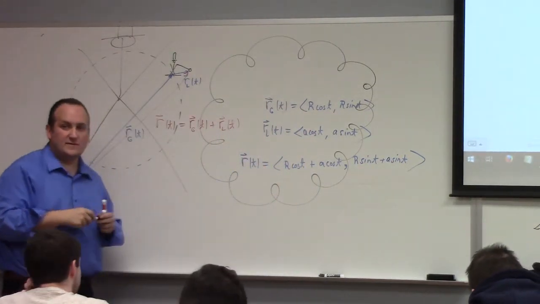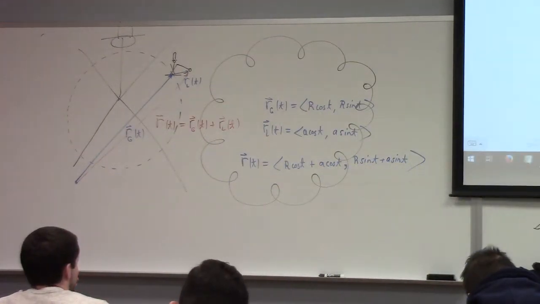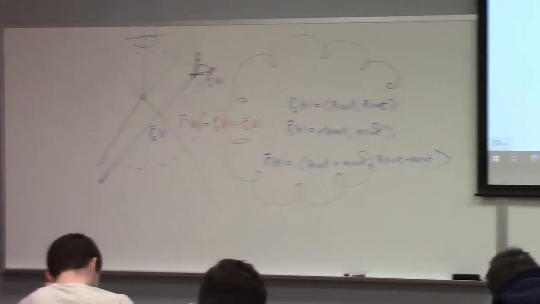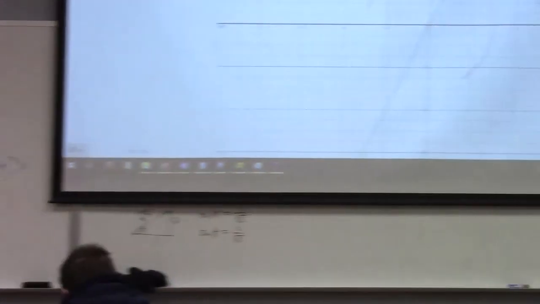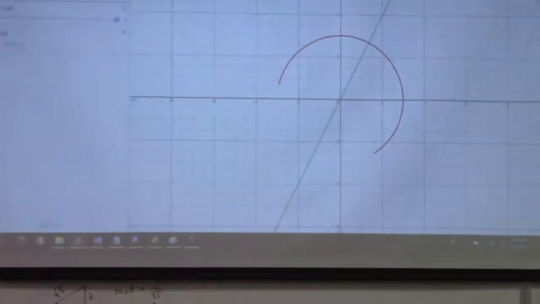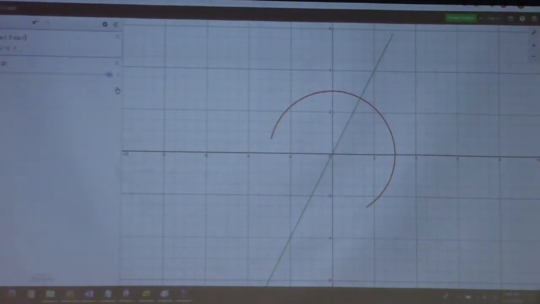Now, the fun thing is, we can actually picture this with Desmos without a lot of work. All right? And I can adjust even. I'm going to make my, let's see here. Get rid of that. So what I want is a cosine t plus r cosine t, a sine t plus r sine t.